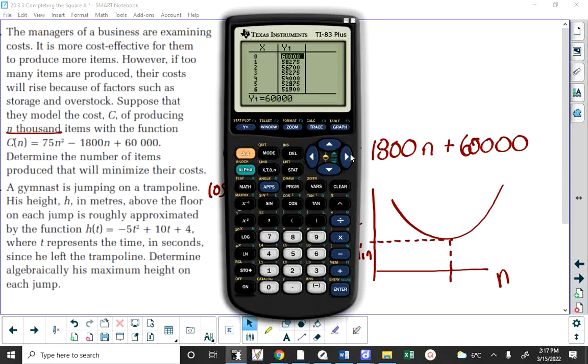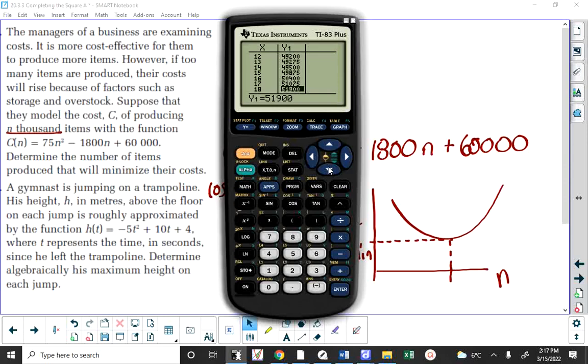Well, my y is going down, and I'm after the minimum. So what I could do here is continue to scroll until I see it change direction and start to go up. Now, I may have to change my table settings because I maybe don't want to scroll up by 1 every time. I'm going to be patient here and scroll. Oh yeah, it's starting to go up again.